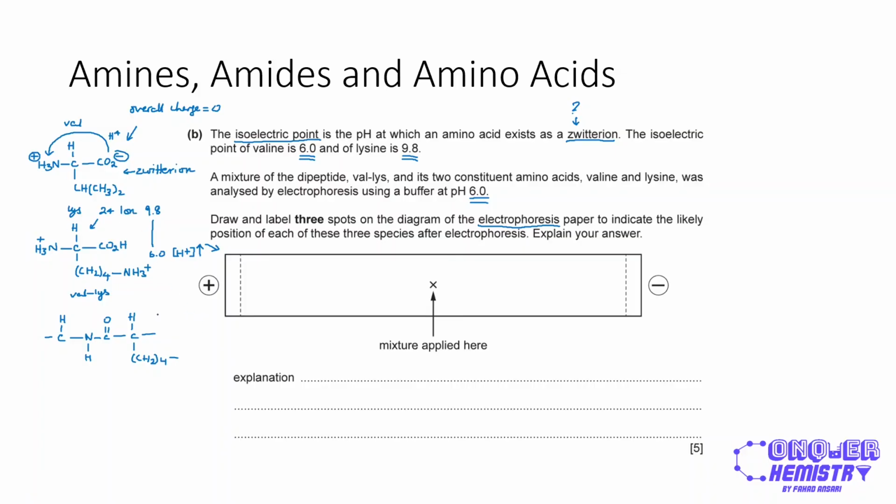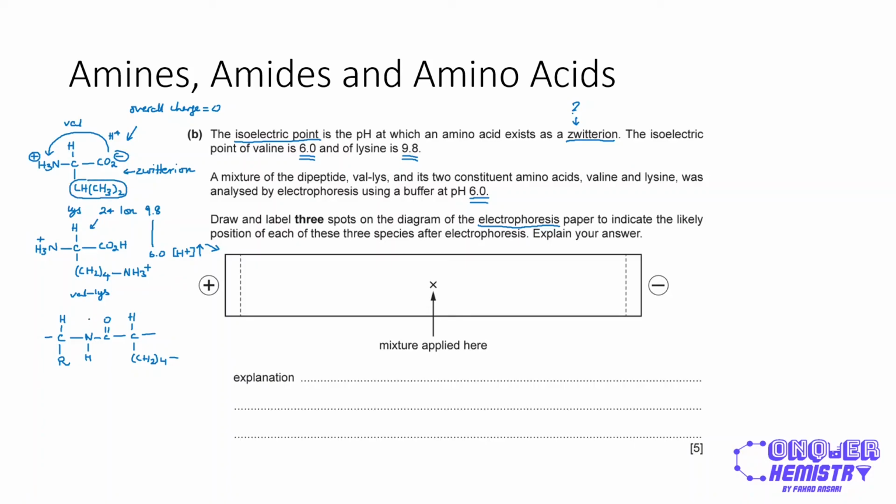And in the case of the dipeptide val-lys, the valine part of this molecule is basically going to exist in its Zwitter ionic form. So what do I mean by that? Over here, let's say we have our group that represents the CH(CH3)2, the side chain of valine.